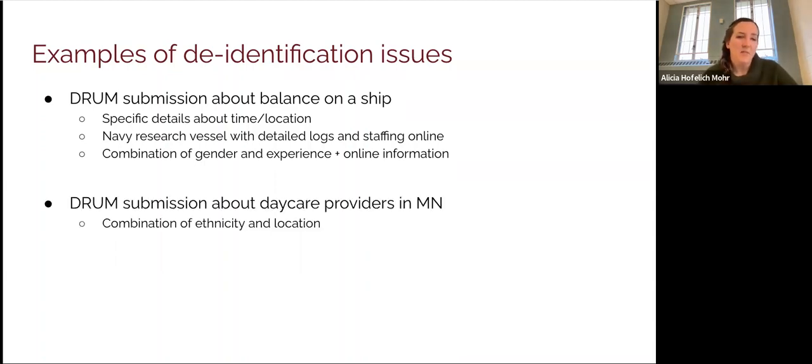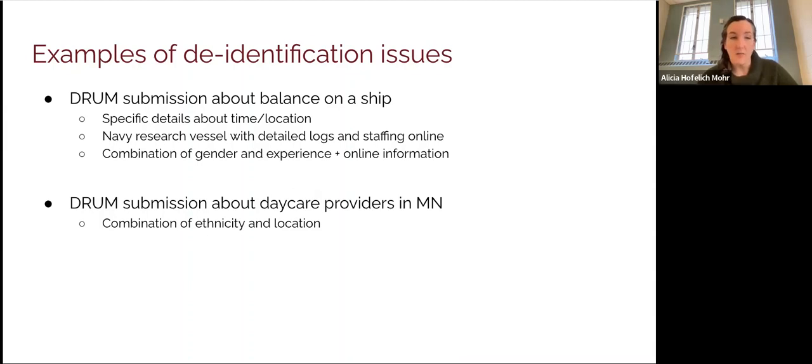We also had a DRUM submission that had daycare providers in Minnesota. This had both the location of a daycare provider as well as the ethnicity of the daycare provider. Especially in more outstate locations, there may not have been very many people with certain ethnicities who also run a daycare.